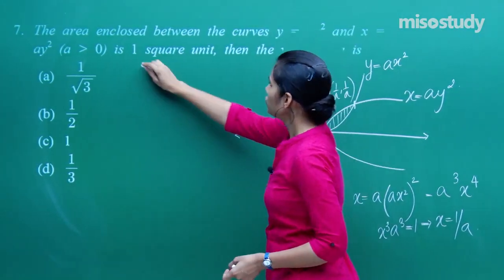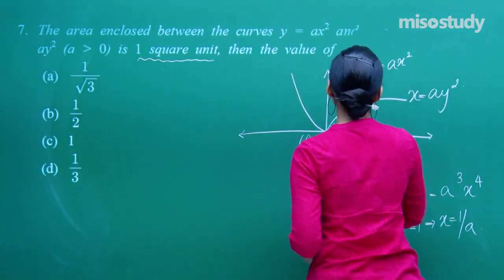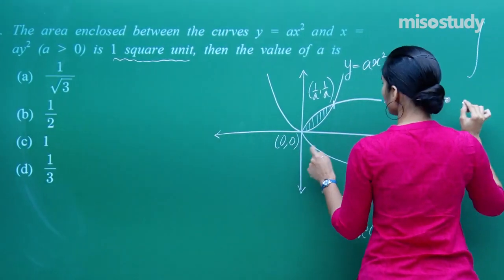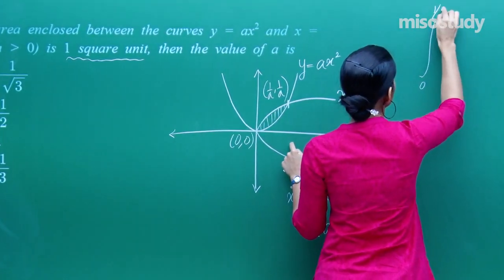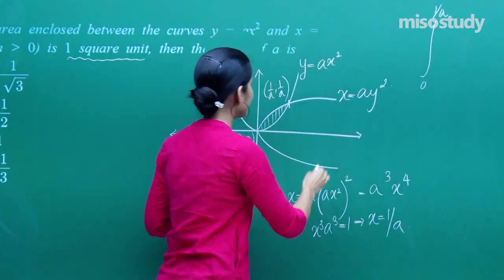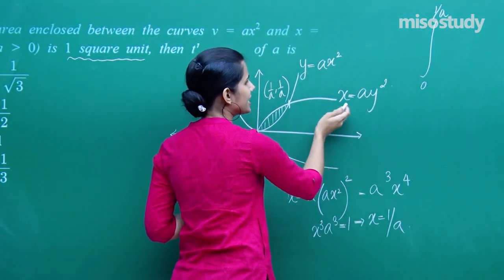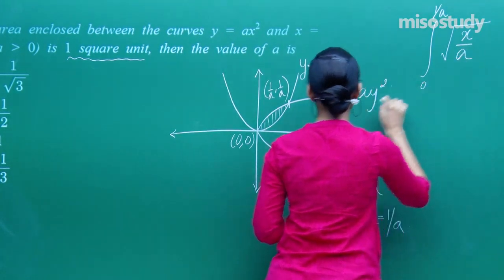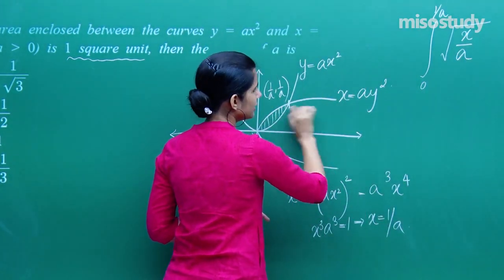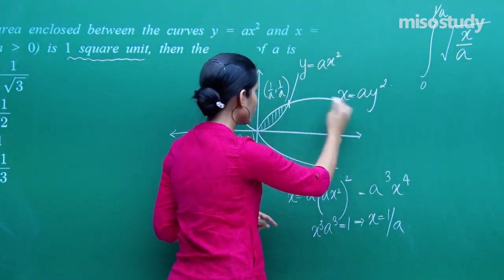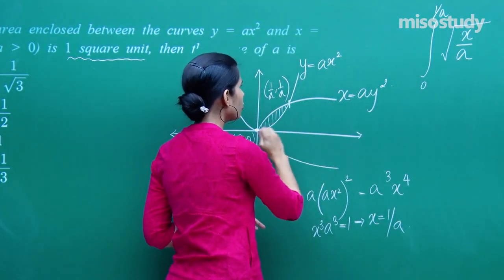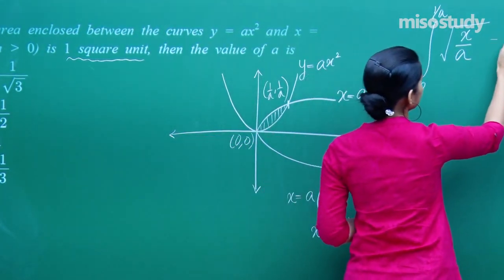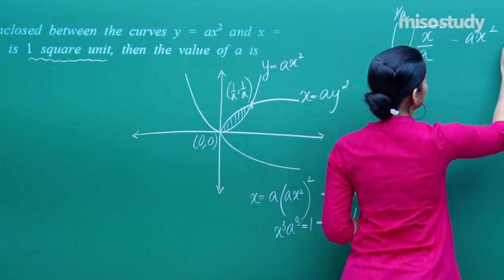So what is given to you as 1 square unit is actually from 0 to 1 by a, y equals root of x upon a, because it is this curve, x upon a with the under root positive, minus this lower curve, which is y equals a x squared, dx.